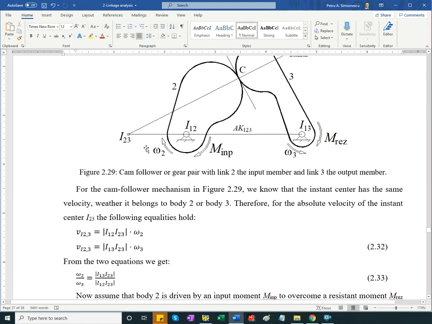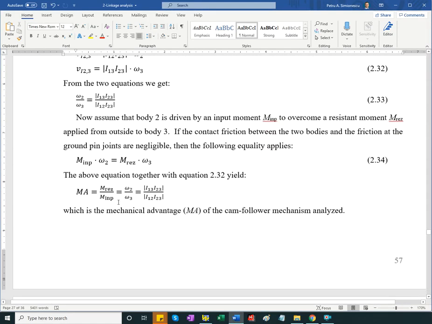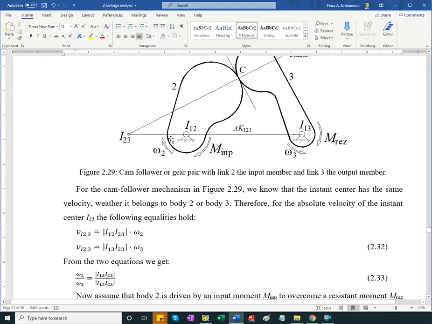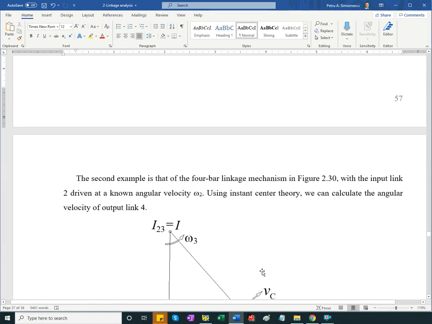So this length over this one, and voila, we have the mechanical advantage calculated as a ratio of two distances that can be measured on the drawing.